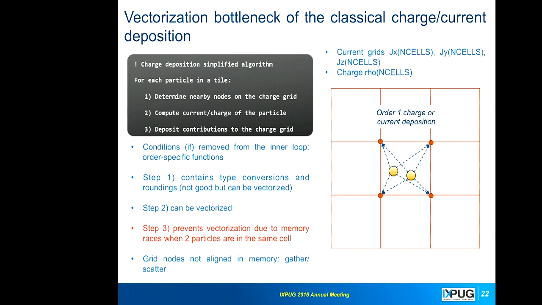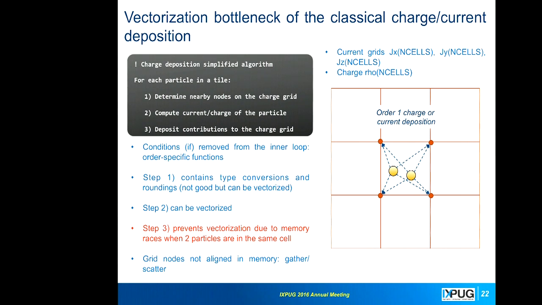If we take the classical algorithm, we can divide it into 3 parts. First, we have to determine the nearby nodes on the grid. Then, compute the charge or the current at the particle location, and then deposit, thanks to an interpolation process, the contribution to the grid.